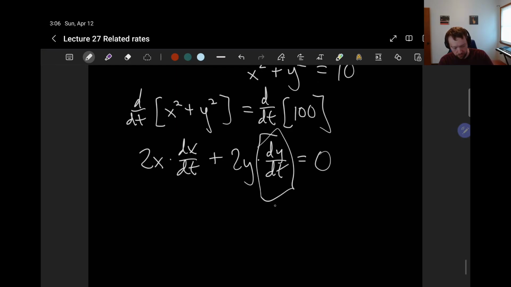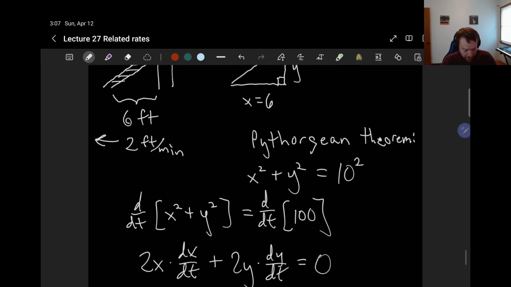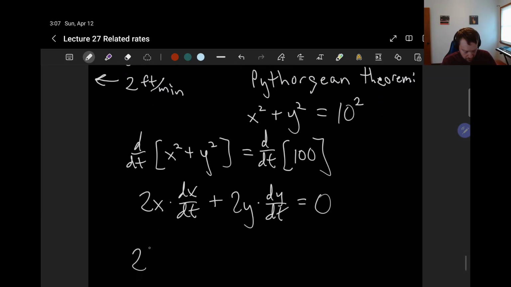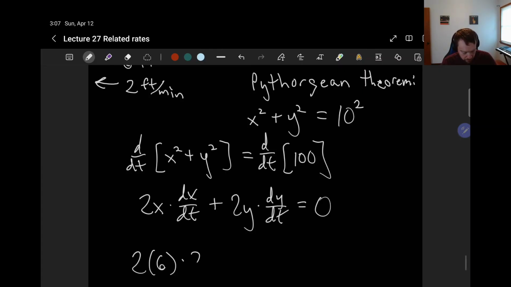So we're trying to solve for dy dt, and the rest of the information we're going to have to fill in. So I was told that at this instant, x is 6 feet. It's that horizontal distance. And we're told the rate of change of x, it's 2 feet per minute.